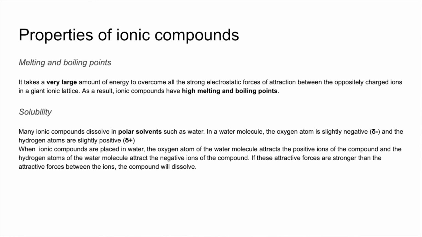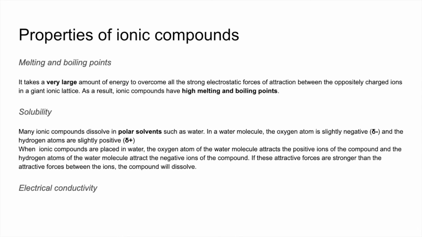So when you place an ionic compound in water, the oxygen atom of the water molecule, remember that's slightly negative, is going to be attracted to the positive ions of the ionic compound, so the metal ions, and the hydrogen atoms, remember they're delta positive, would be attracted to the negative ions of the compound, the non-metal ions. If the ionic compound is going to dissolve, if it's soluble, the attractive forces between the water molecules and the ions are going to overcome the attractive forces between the ions.